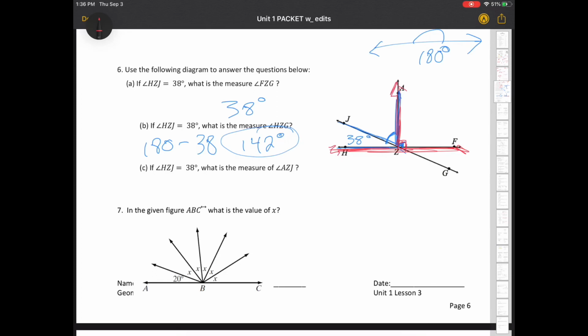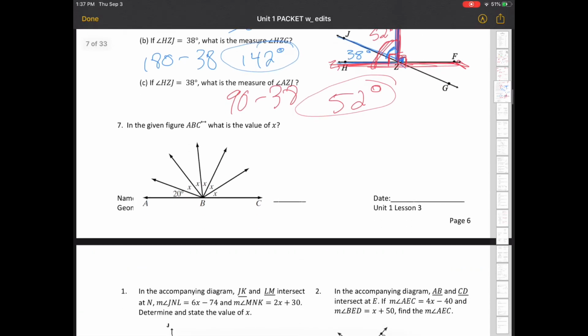So if this side's a right angle, then so is this side. That means this total angle is 90 degrees. To get the missing angle, AZJ, we have to do 90 minus 38. If we do 90 minus 38, we get 52 degrees. Here is our missing angle.